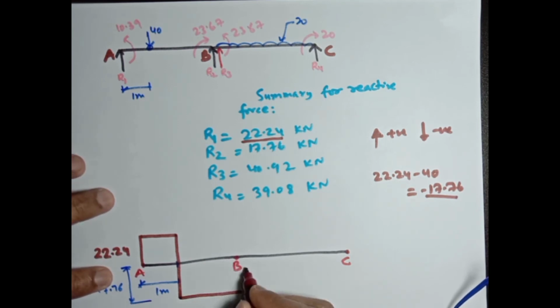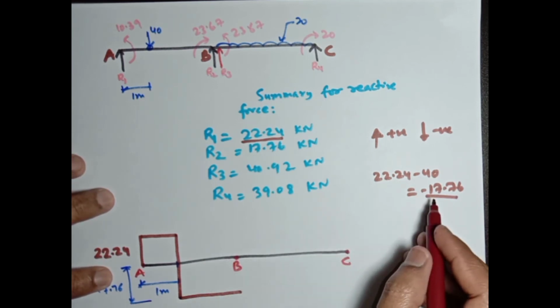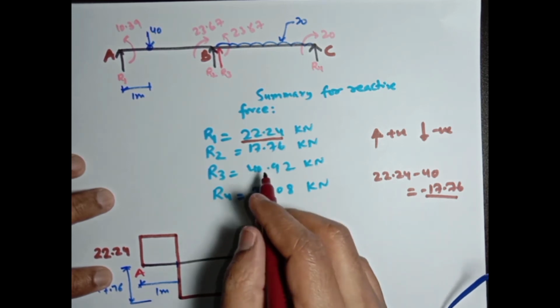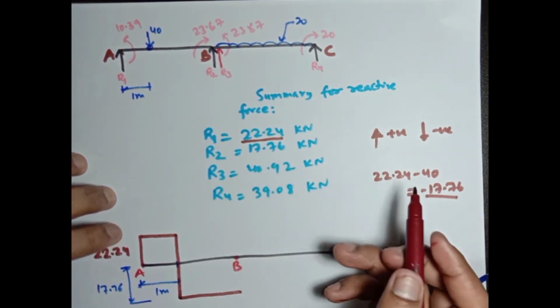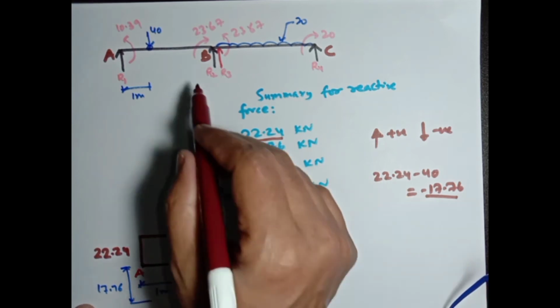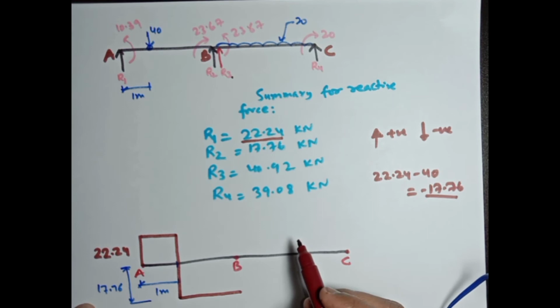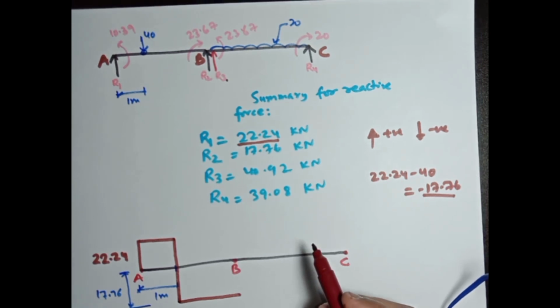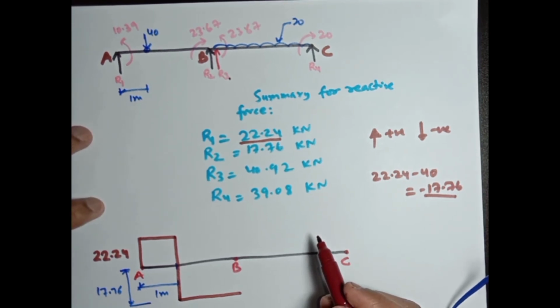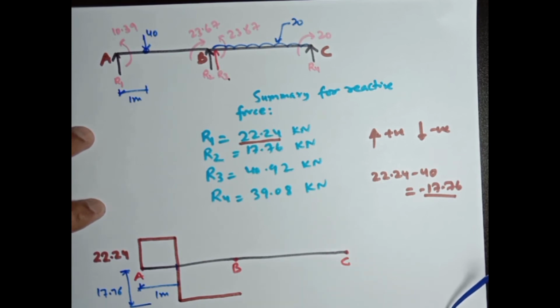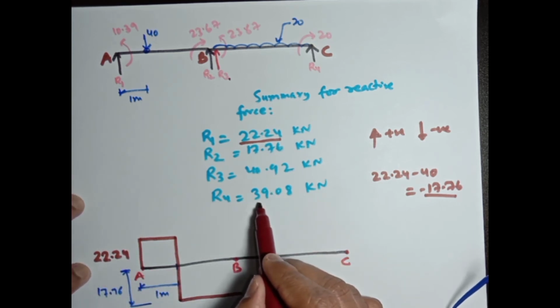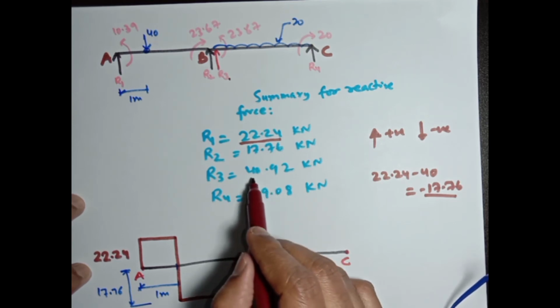But at B you can see there is a load value of R3 and R2, and R3 is acting here, so it will give a value of 40.92 here.